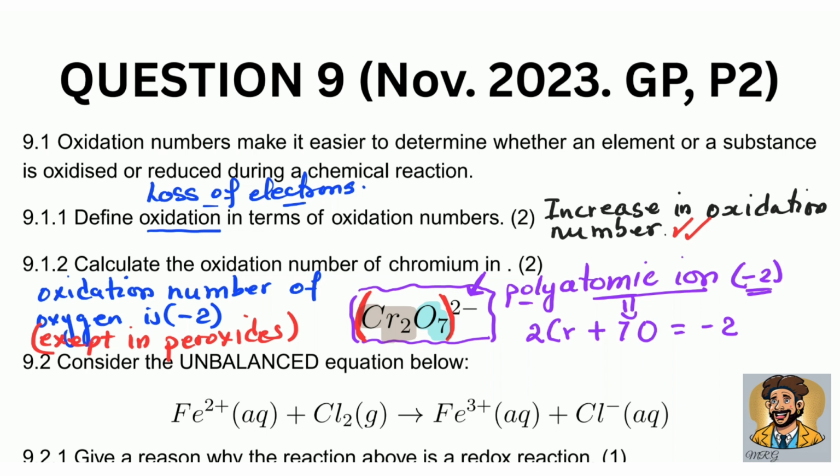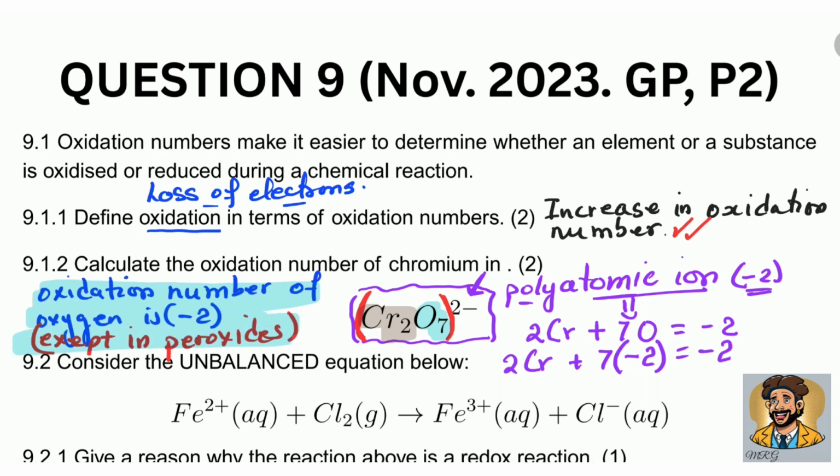So all we have to do is substitute in here. Now we have 2 times chromium, which is what we are looking for, plus 7 multiplied by -2 is equal to -2. Why did I multiply by -2? Because the oxidation number of oxygen, as we set on this side, is always -2, except in a peroxide.